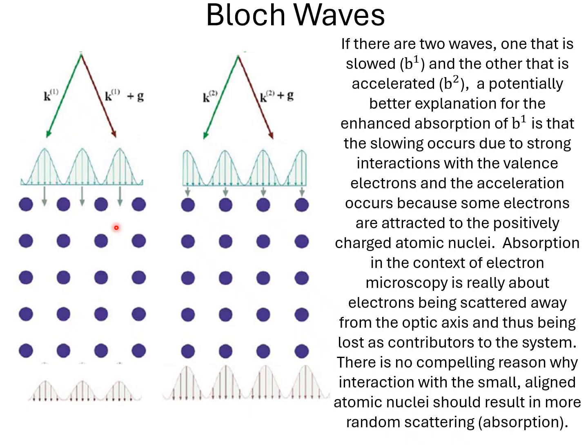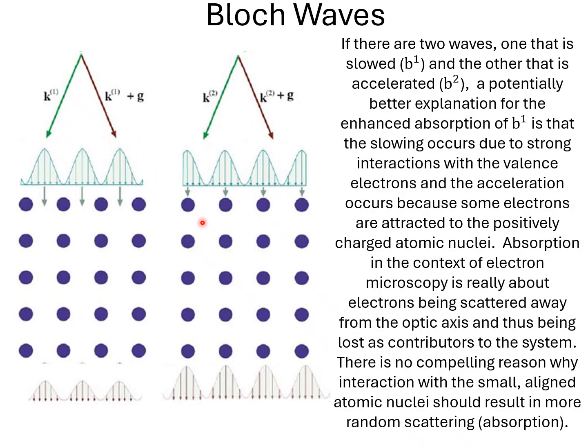In the context of an electron microscope, if you have a big thick piece of material and you shine electrons through it and the image is just basically dark, it's not because the electrons are all sopped up by the material. It's because the electrons are scattered out away from the optic axis, into the sides of the microscope. So absorption in that context is really more scattering.